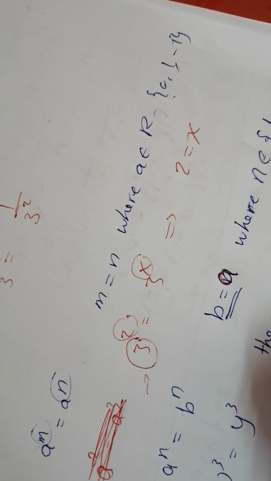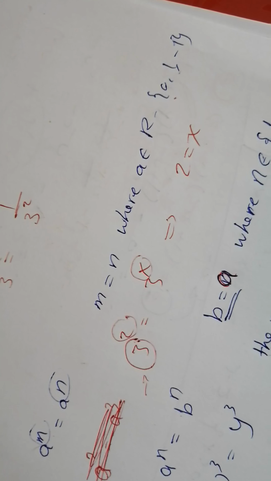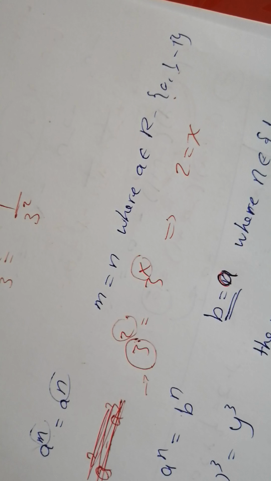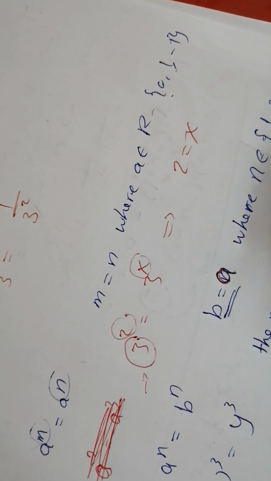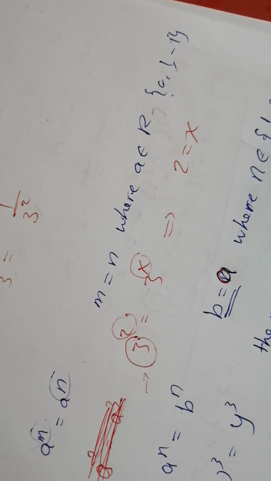and absolute value of a equals absolute value of b where n belongs to even numbers, which are 2 and 4 and so on. Why?